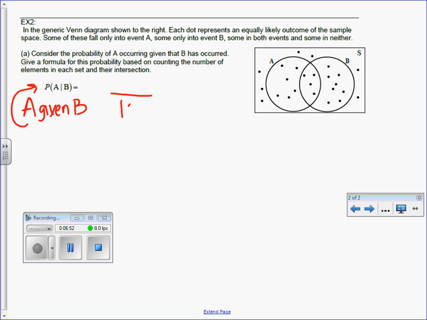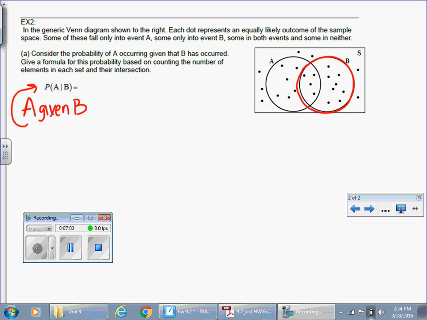Looks like there are 12 elements in B. And I counted everything in the B bubble. No, I lied. Let's back up for a second. I think it might be easier to generalize the formula first and then talk about it.